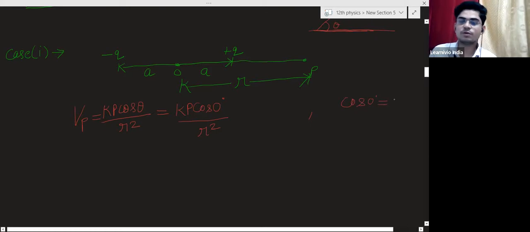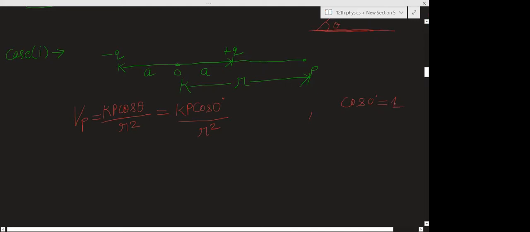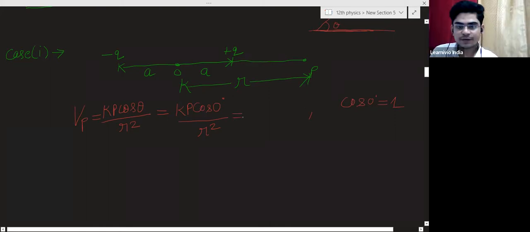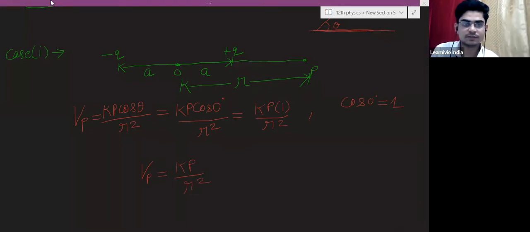What is the value of cos 0, Nawal? The value of cos 0 is 1. So we can write it as Kp into 1 by r square. So the value of potential at point P is Kp divided by r square. This is our next result.